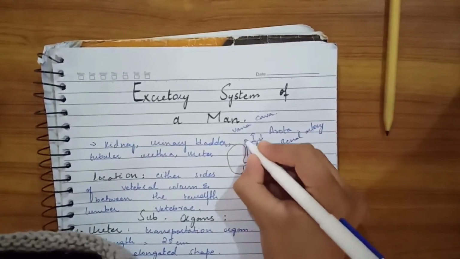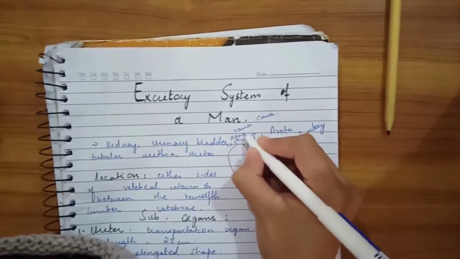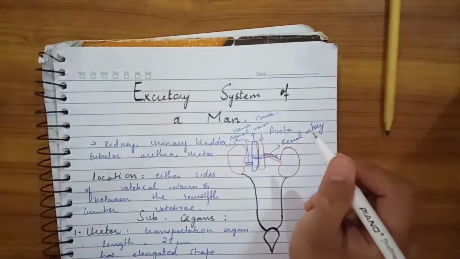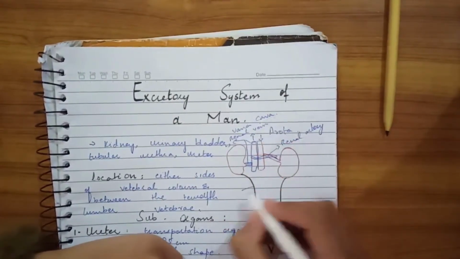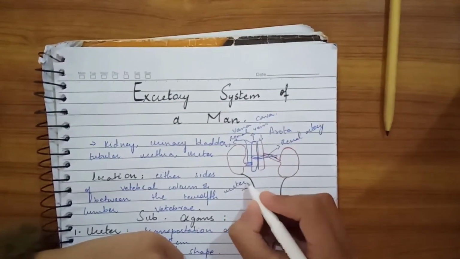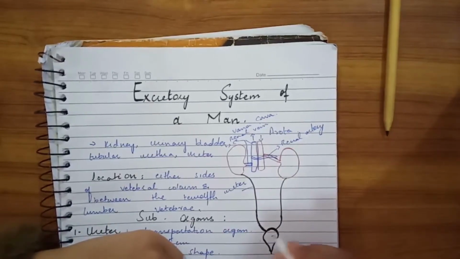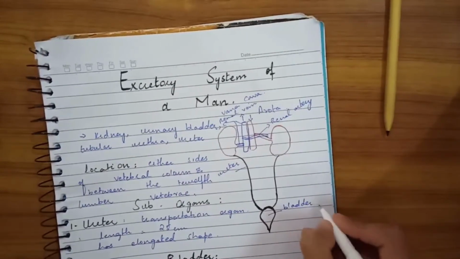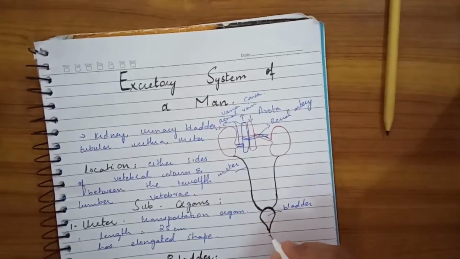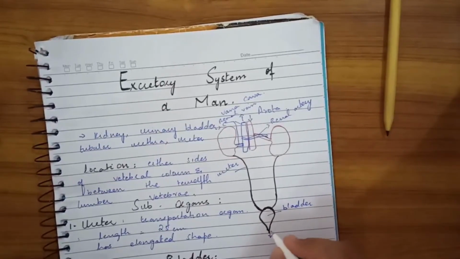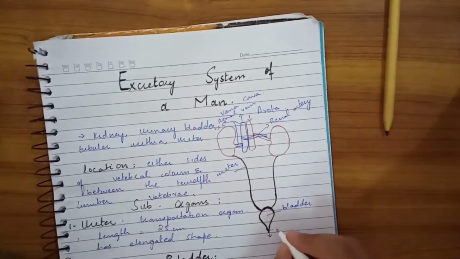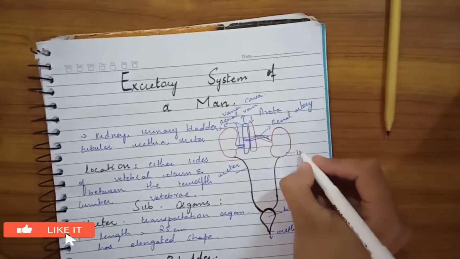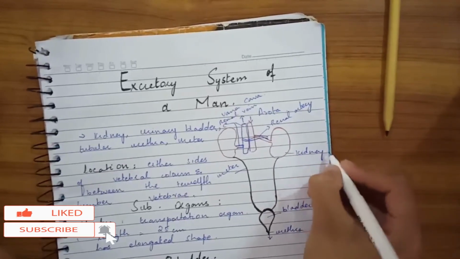Now this blue vessel is the renal vein. This one is the ureter, obviously. This hollow shaped structure is the bladder. This pointed organ is the urethra, and this obviously is the kidney, a bean shaped kidney.